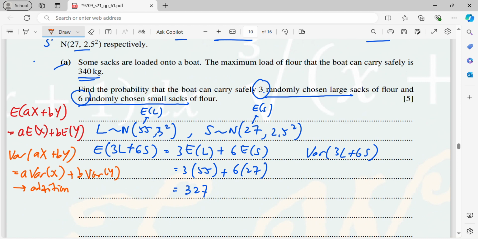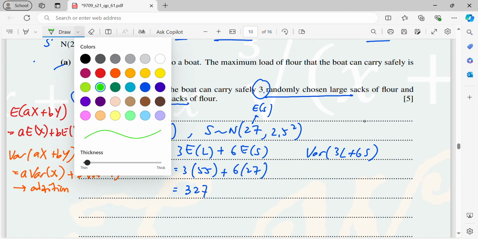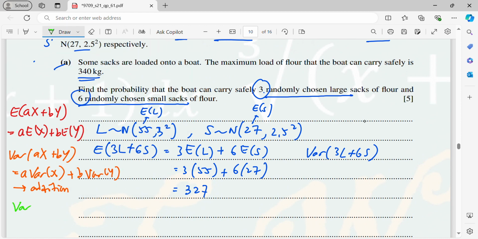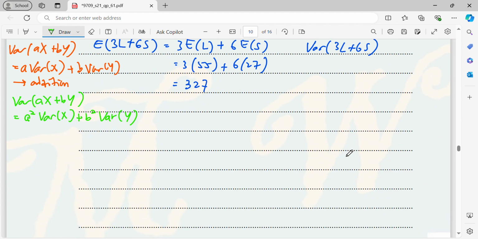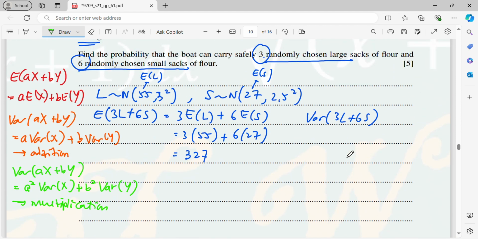Another one is you square the coefficients. When you square, that means this is for multiplication. Now this multiplication means that probably it is 3 times of that.